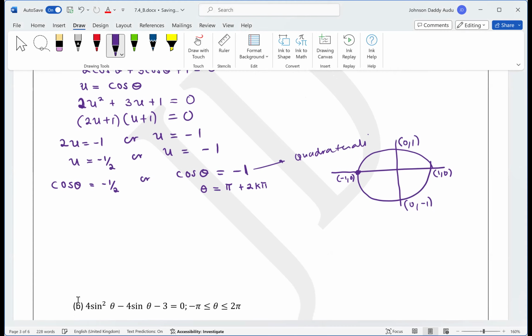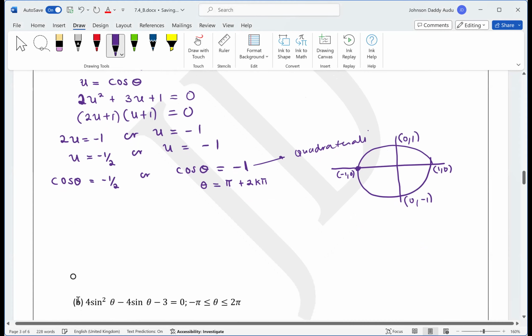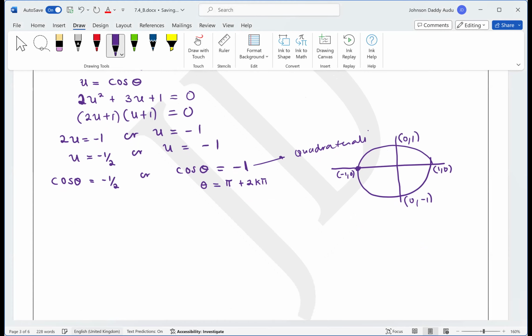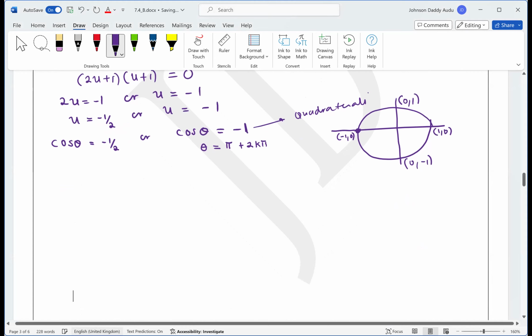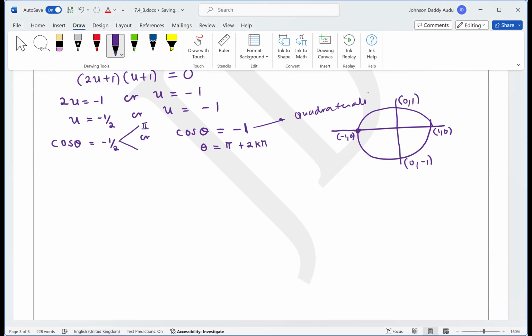Now, the second case is this one. We have to consider two cases, whether you are in the second quadrant or in the third quadrant. Let me use a red pen. But firstly, you need to get your reference. The reference angle is just an angle in the first quadrant whose cosine is half.